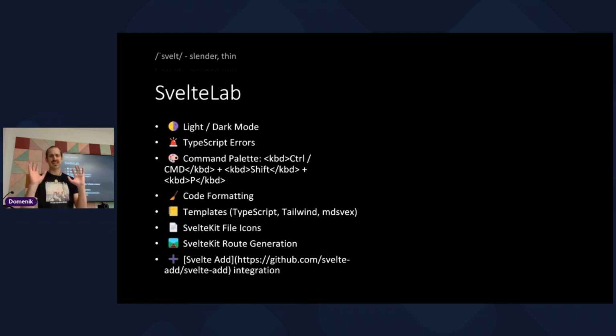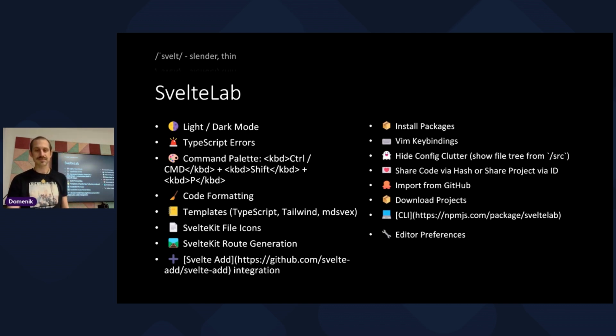So SvelteLab has a lot of features, like dark and light mode for us crazy developers. We have a command palette, just picking out a few. It has TypeScript support. It has its own Svelte icons. It installs packages. It has Vim key bindings for those crazy guys among us. And it even has a CLI, and it can import GitHub projects. And of course, when you're done prototyping, you want to download your project.